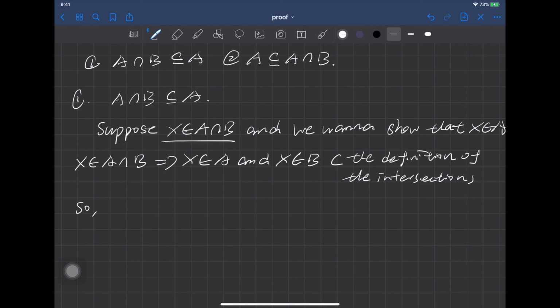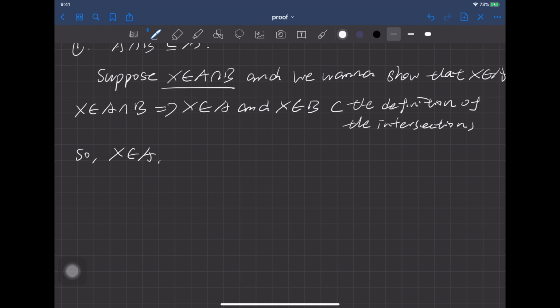So it's quite easy to see X is an element of A. So the intersection of A and B is a subset of A.